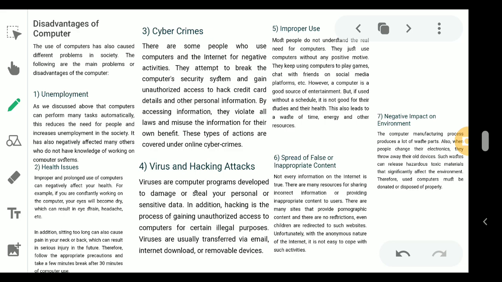Nowadays in every sector, while recruiting, they will ask for computer knowledge. If you are capable of working with computers, only then can they give you the appointment or joining letter. Why? Because nowadays everything depends upon the computer, so that will increase unemployment.